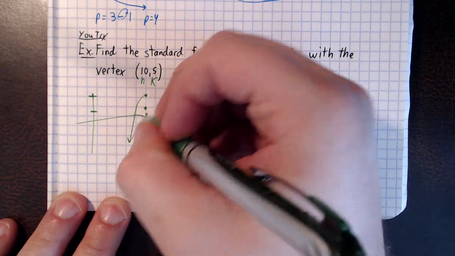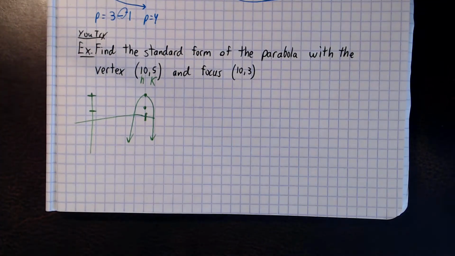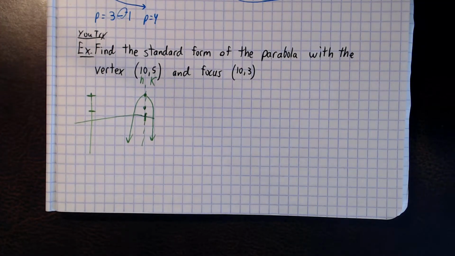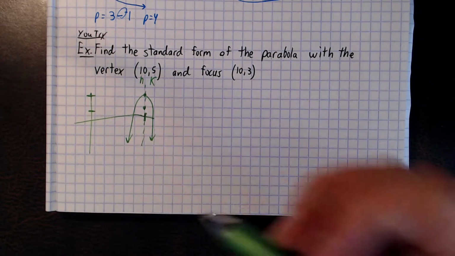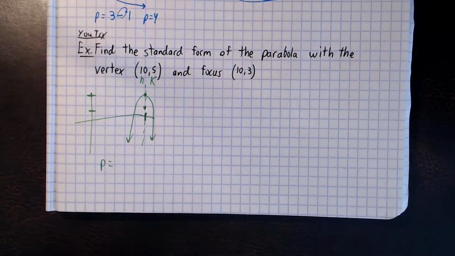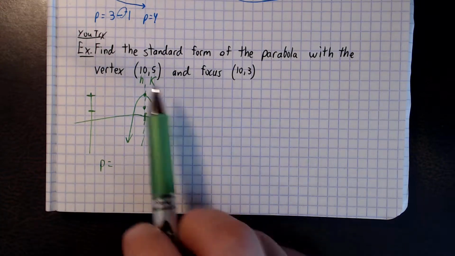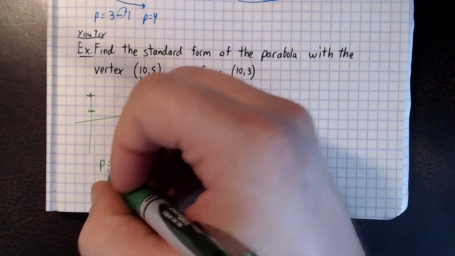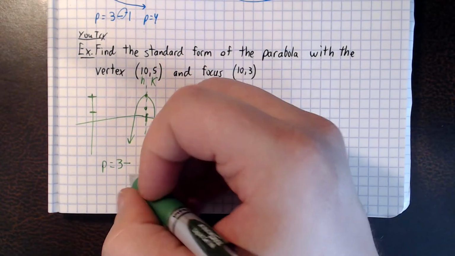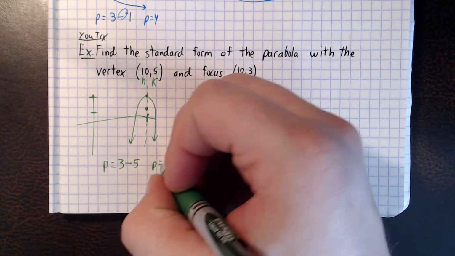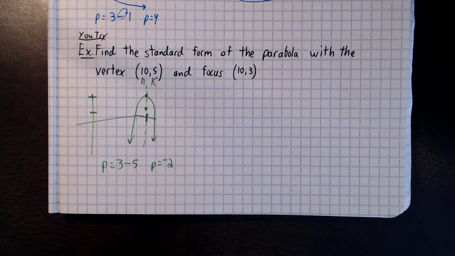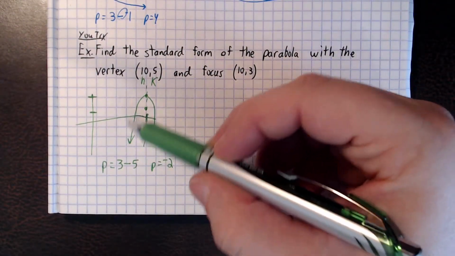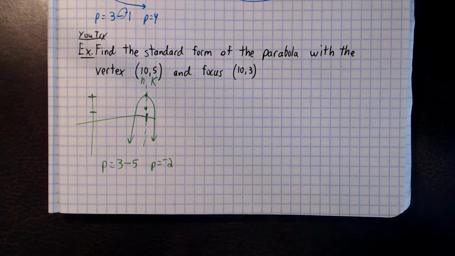So I can see my parabola is going like this, giving us a vertical axis. Right, now I didn't draw it really quick, so I can't just count. I have to actually solve for P. But that's okay, because I know that's going to be a difference in my y's here. So I take my focus, I subtract my vertex, and we end up with P equaling -2, which is fine because we're going to have a negative sign, which will really be the reason why this is flipping upside down when we look at our equation.